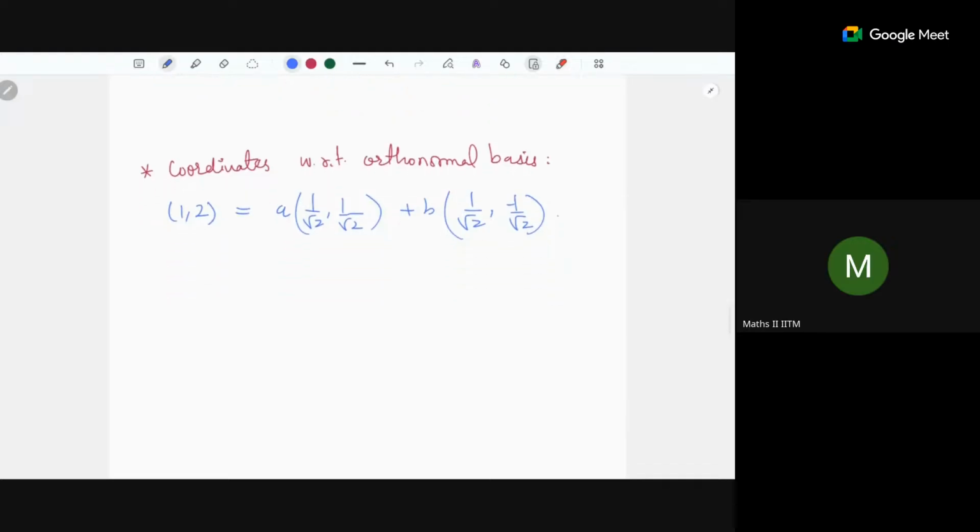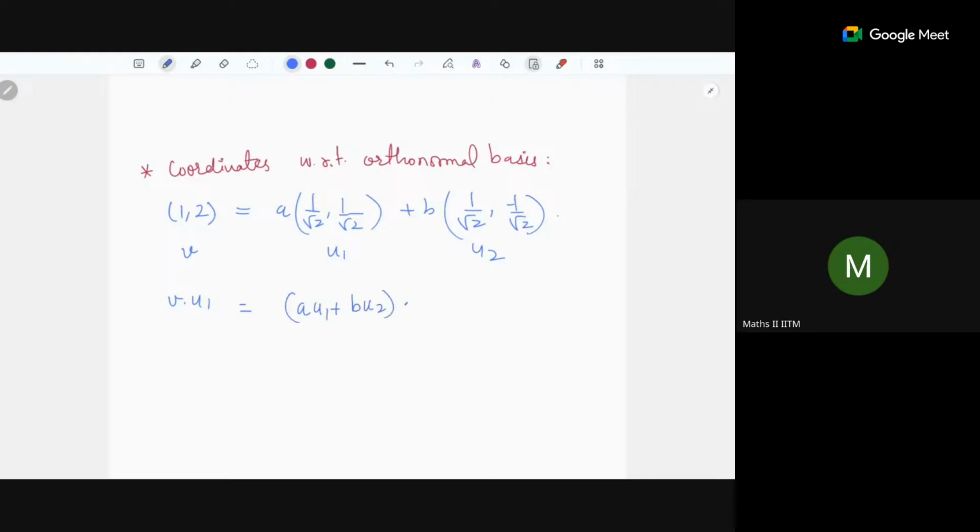The easiest way is to take the dot product of the vector V with your basis vectors. If you take V dot U1, what will you get? V is a U1 plus b U2.